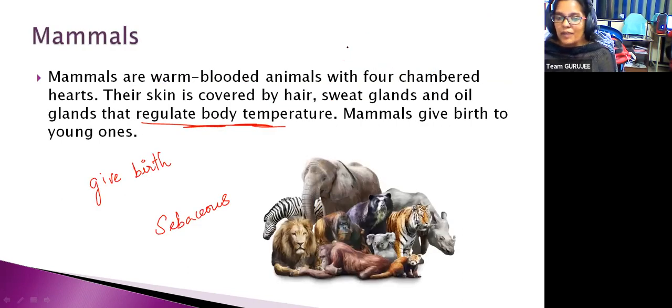Next, last one is mammals. Mammals are warm-blooded animals with a four-chambered heart. The skin is covered by hair, sweat glands, and oil glands. These are present just to maintain the body temperature. Mammals give birth to young ones. They won't lay eggs.